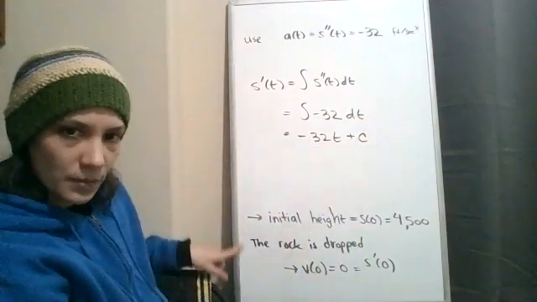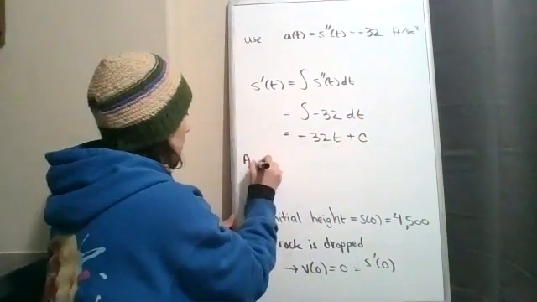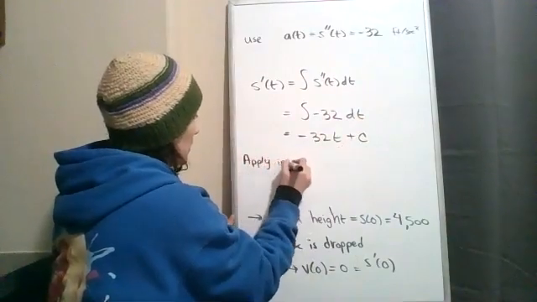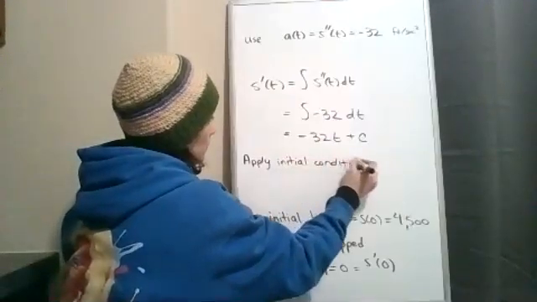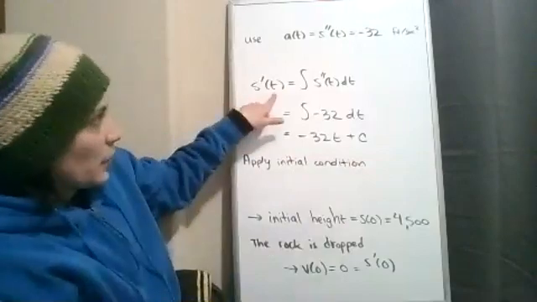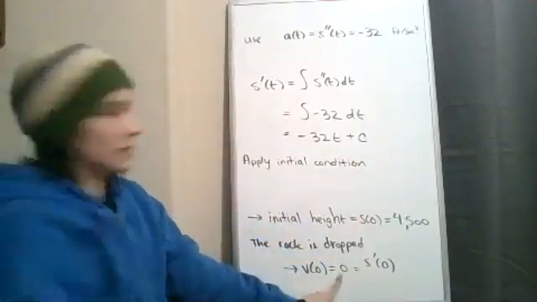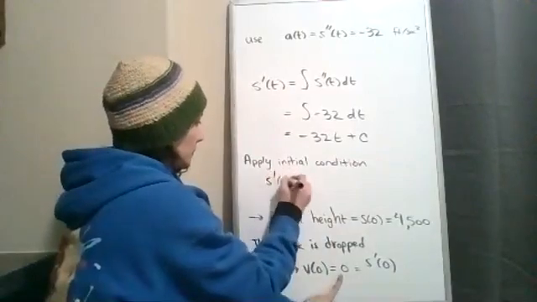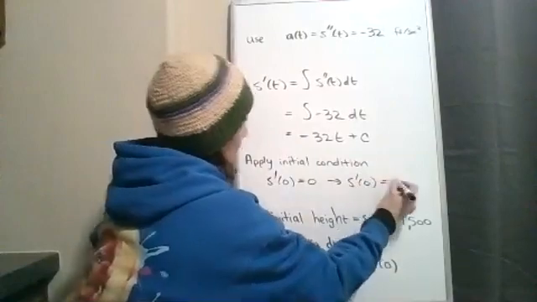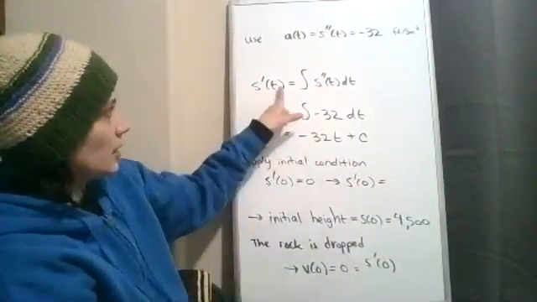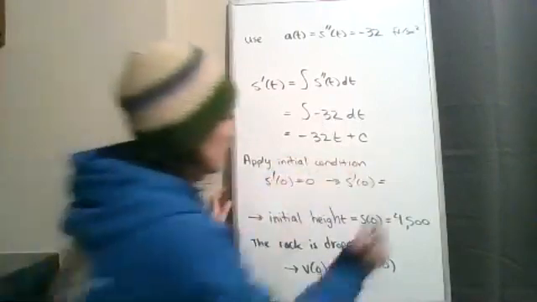You take something from your initial condition to figure out what c is. s prime of 0 equals 0. So first I'm going to put in 0 for t and get out negative 32 times 0 plus c.